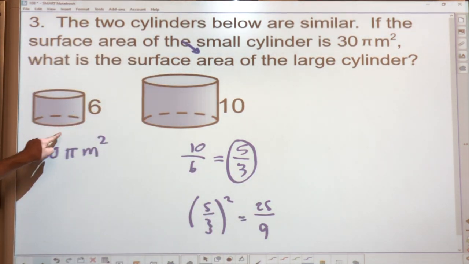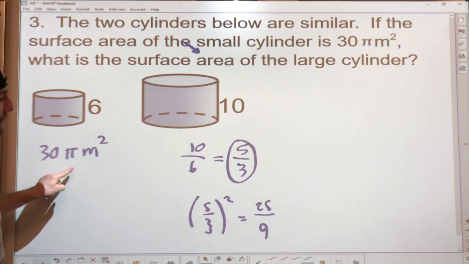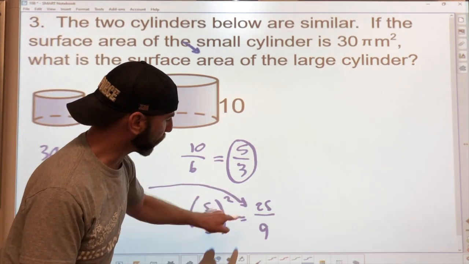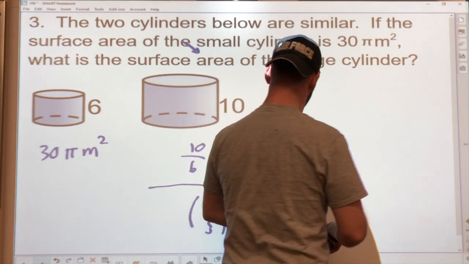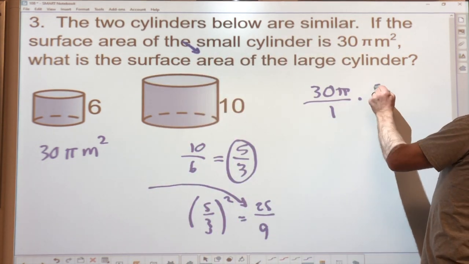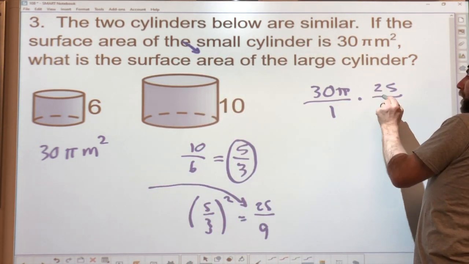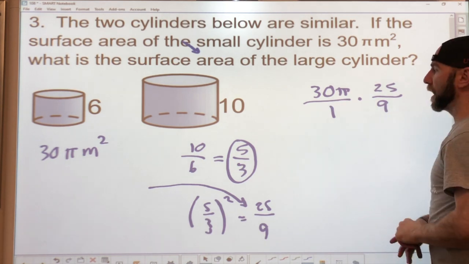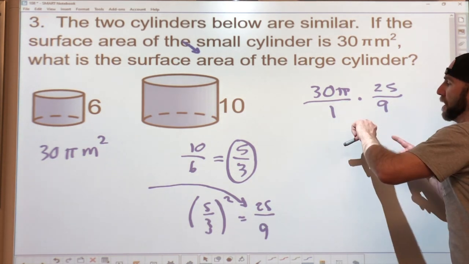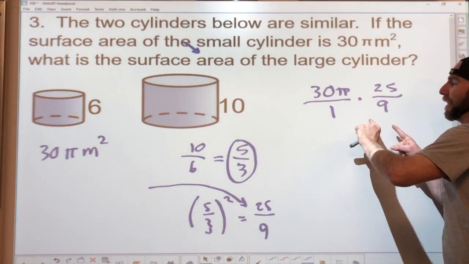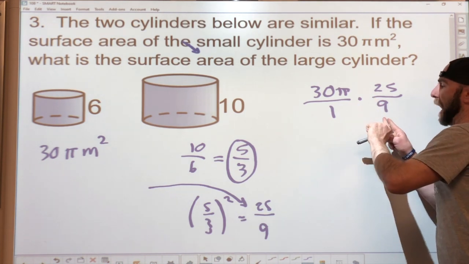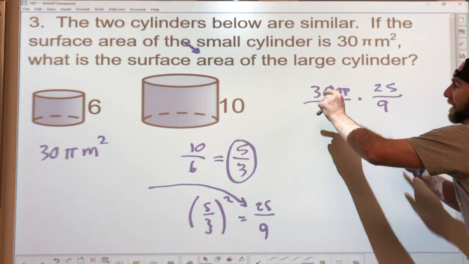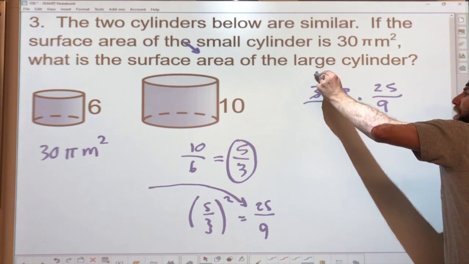So now I'm going to take the area of this guy and multiply it by 25/9. It's up to you to determine how you want to simplify this. You can cross-reduce. I'm going to cross-reduce. These have a common factor of 3.